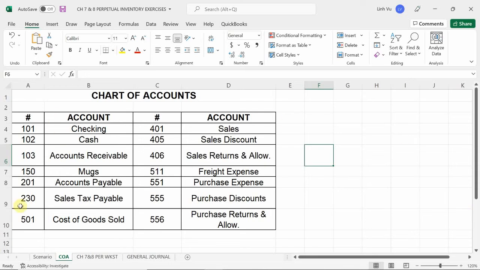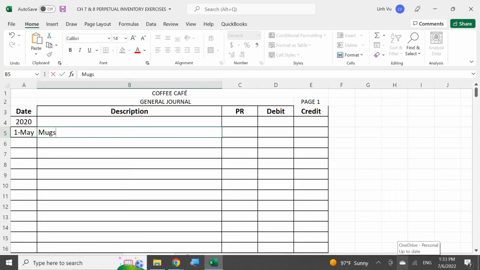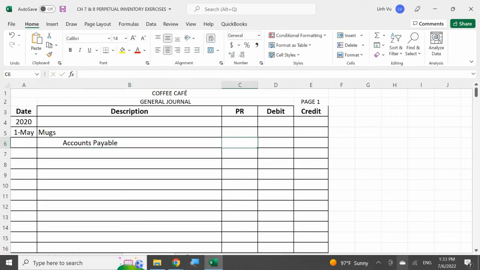Good. Okay, so account 201. So let's go ahead and journalize that. It is May 1st. We purchased some mugs, okay, on an account. Okay, so account 150 and 201.